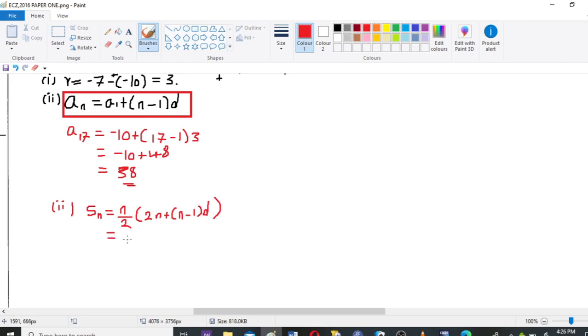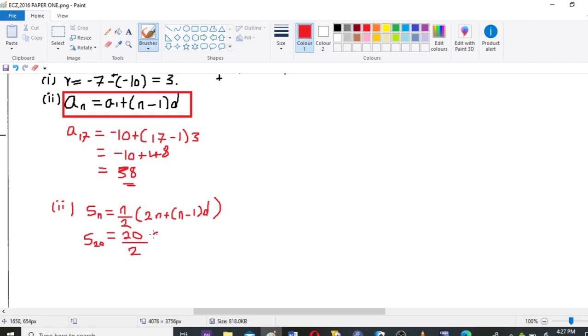So remember our n is 20, so we have 20 here. The sum of the first 20 terms is equal to n substituted with 20 over 2.